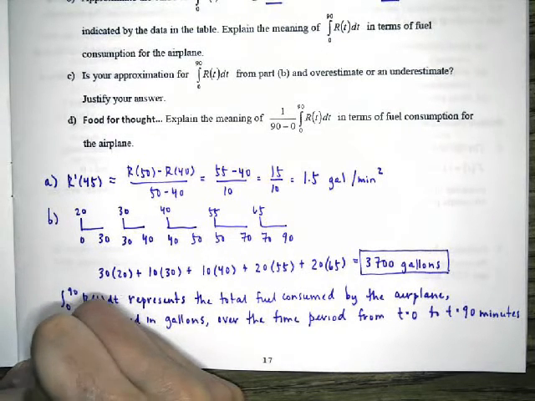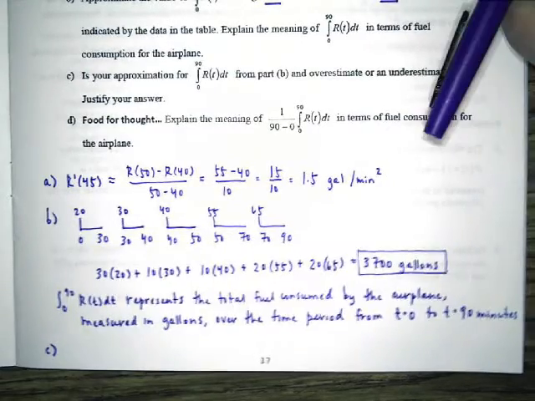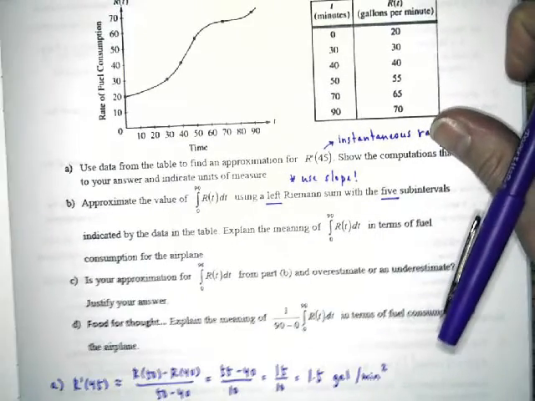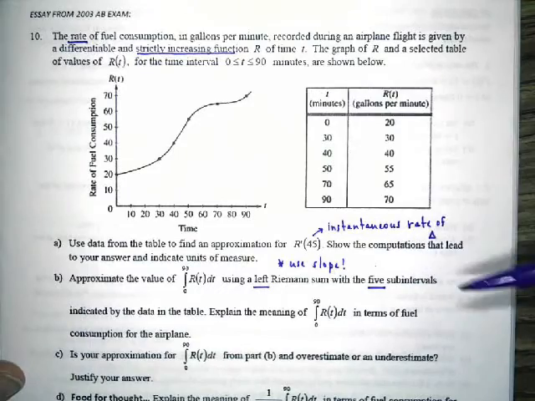Okay, so now for part C, we need to know if our approximation is an overestimate or an underestimate. So now, here might be helpful to look at the graph. We know that our function is strictly increasing. That's where I said this would come in handy later.